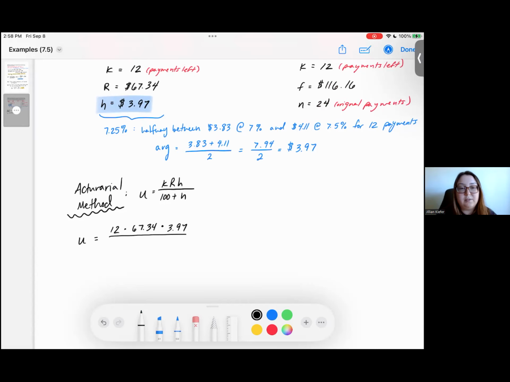And we said this was all divided by 100 plus H, which was $3.97. So we can go ahead and plug these into our calculator.